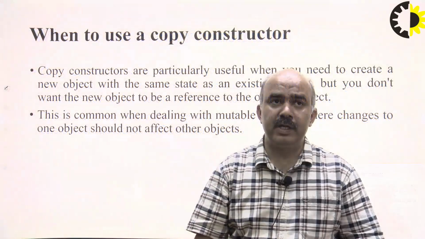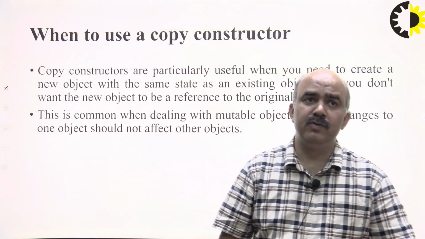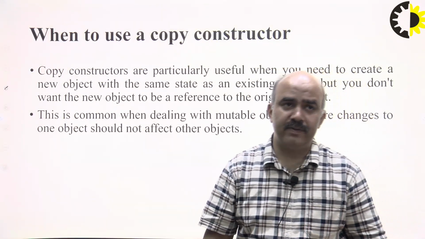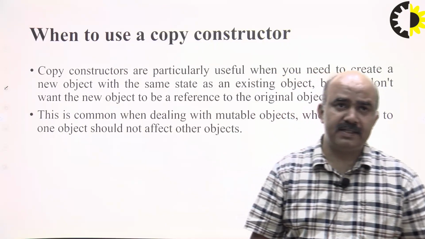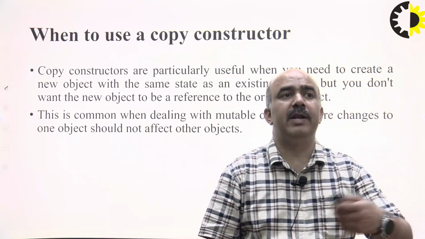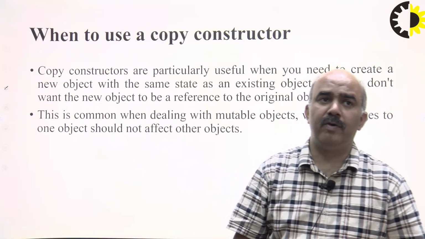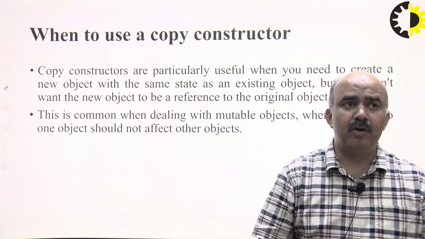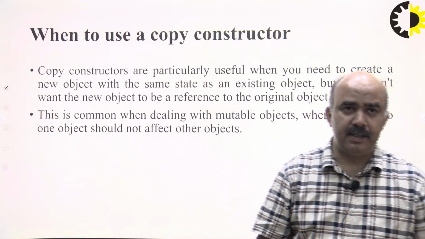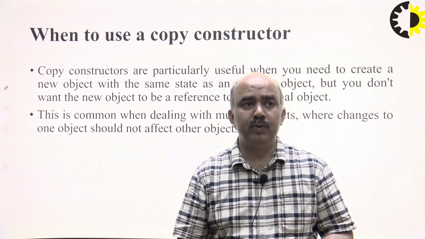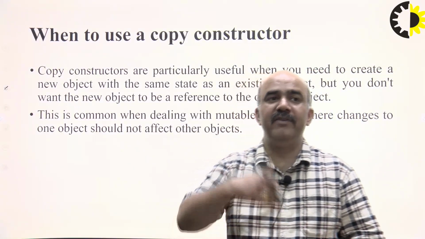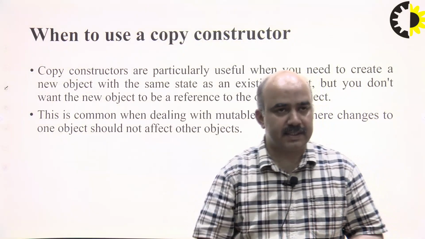So, when to use the copy constructor? It is particularly useful when we need to create a new object with the same state as an existing object, but you do not want to create a reference to the original object. This is common when dealing with mutable objects, where a change to one object should not affect the other.